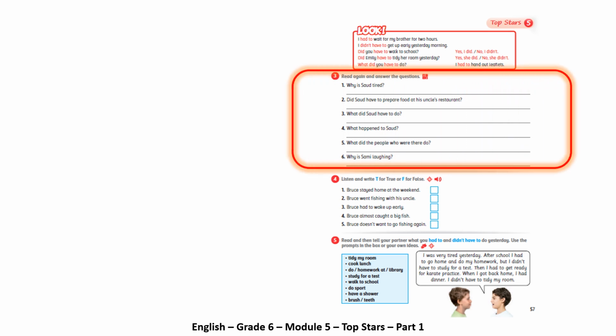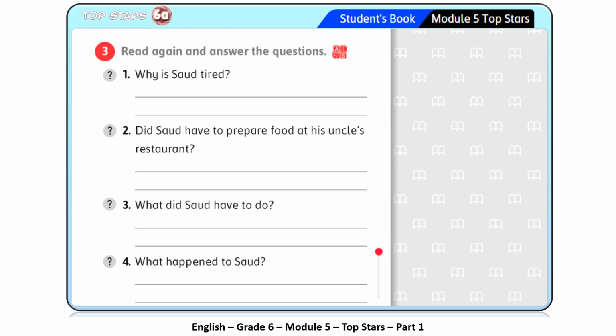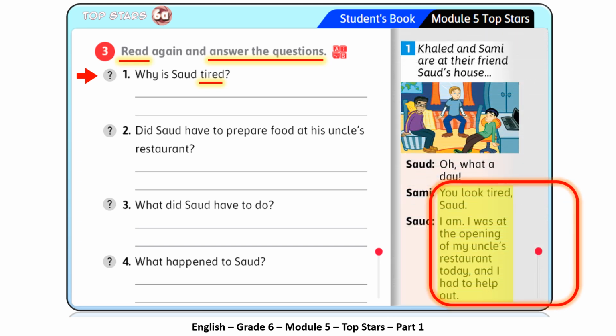Now it's time to go to the exercise. Exercise 3. Read and answer the questions. Let's do number 1 together. Why is Saud tired? So, we search for this word in the text. Let's see. Sami is saying, "You look tired, Saud."